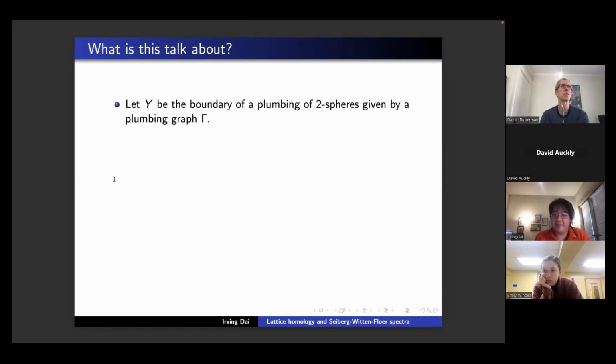Okay, so what three manifolds am I going to attempt to compute the Seiberg-Witten-Floer homotopy type for? This will be a particular subclass of what are called plumbed three manifolds. I think probably most people are familiar, but if you take a plumbing of two spheres, Y will be the boundary of a plumbing of two spheres.